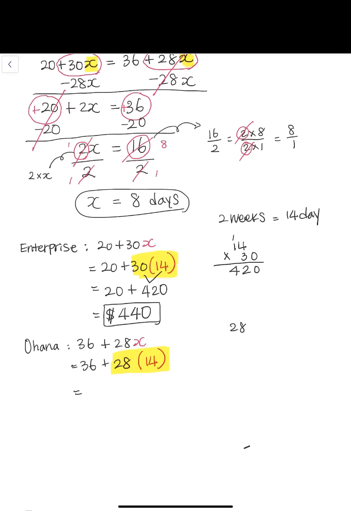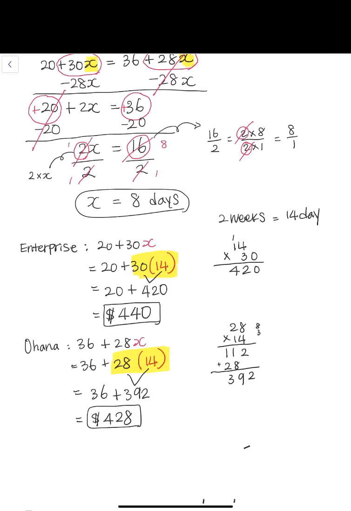So 28 times 14: 8 times 4 is 32, 8 times 1 is 8, 2 times 1 is 2, and you add that. That's going to be 392. And then we bring down the 36. So 36 plus 392 is going to be 428.